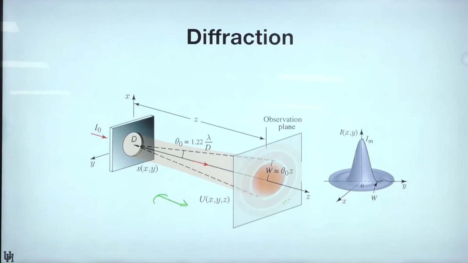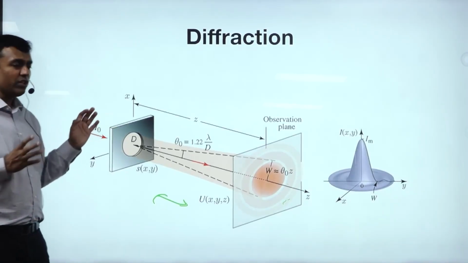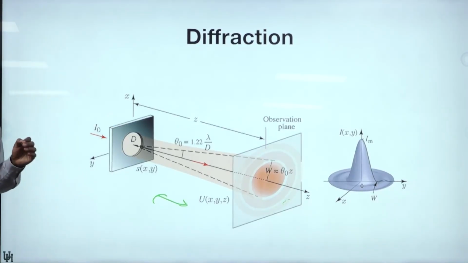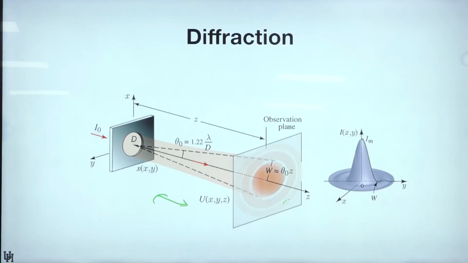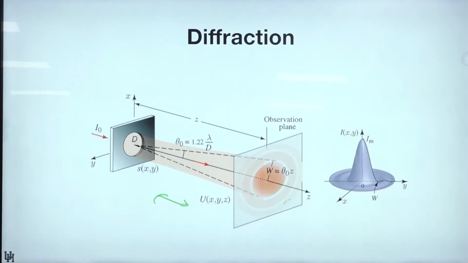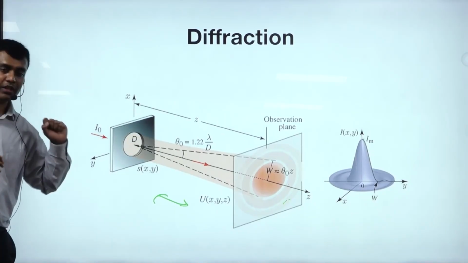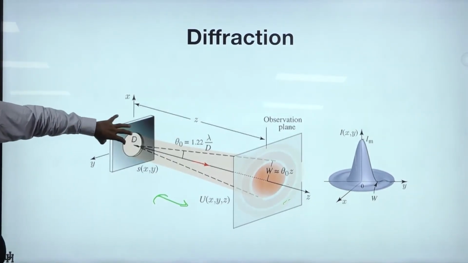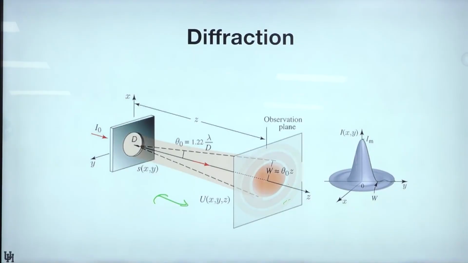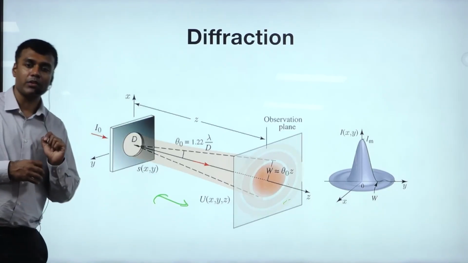So in general, the rule of thumb is that you need to worry about diffraction only if you're interested in objects which are approximately the size of the wavelength of light. So if you use short wavelength light, you may not need to worry, but for the same object, if you use a much longer wavelength of light, you will probably have to worry about diffraction.